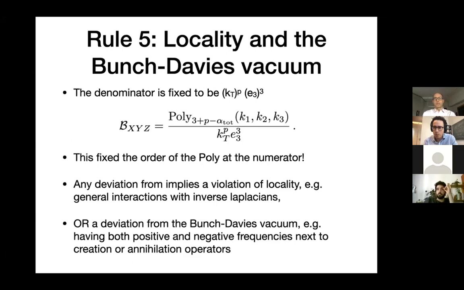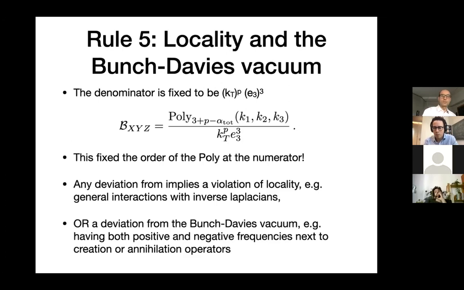But from the boundary, this just defines the poles of this object. This is very powerful because by fixing the denominator, the numerator is just a polynomial of a fixed order, and you know the order. So now the whole computing of a correlator just boils down to writing down a polynomial that has a certain number of free numerical coefficients. The only thing you have to do is fix those coefficients and you're done.